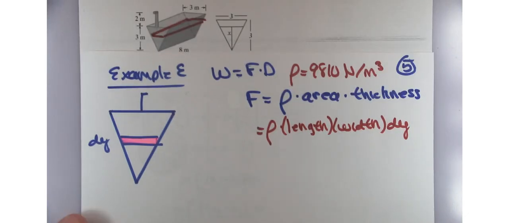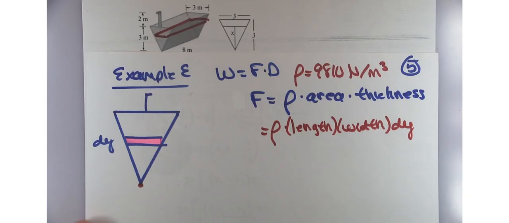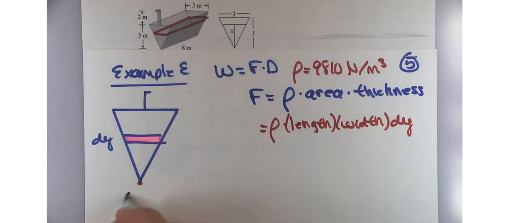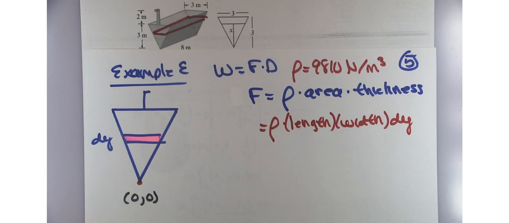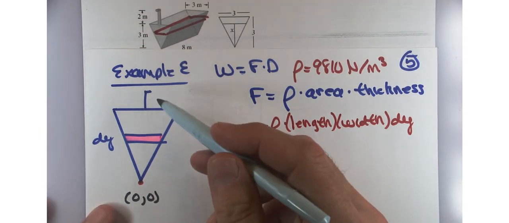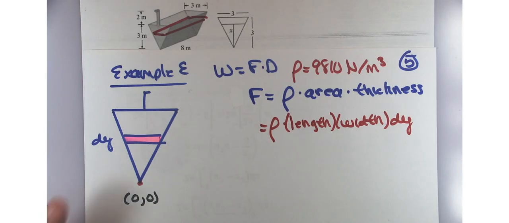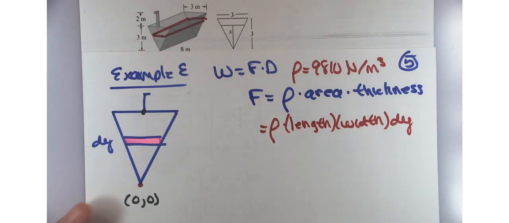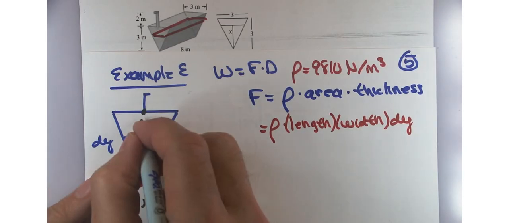Now let's come and label this stuff like we did before. Let's give ourselves a simple coordinate system to work with. I'm going to put the origin of my system here, 0, 0. The height of this tank was 3 meters. So what's that put that point at? Right there. 0, 3. So this is 0, 3.